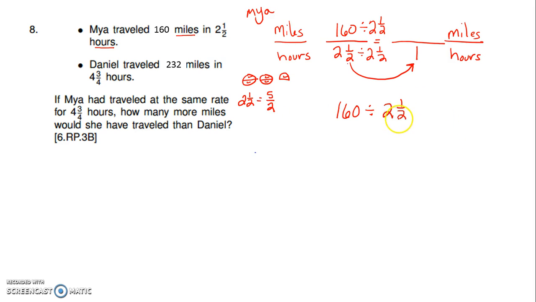The quick way, if you don't want to have to draw it out every time, is if you're given 2 whole circles and half of another, you do 2 times 2 is 4, plus 1 is 5. That gives us 5 halves. So that's 160 divided by 5 halves.